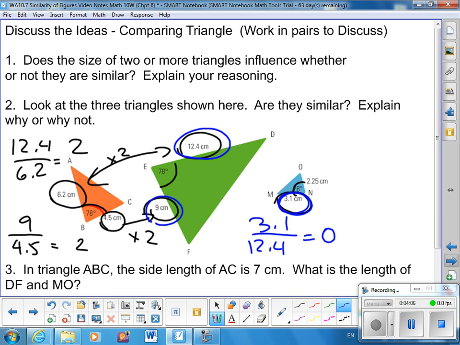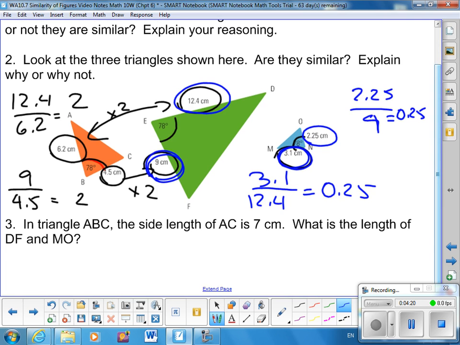So that scale factor is 0.25, and 2.25 and 9 correspond, and that's also 0.25. So these two are similar. I have a reduction going here, times 0.25.